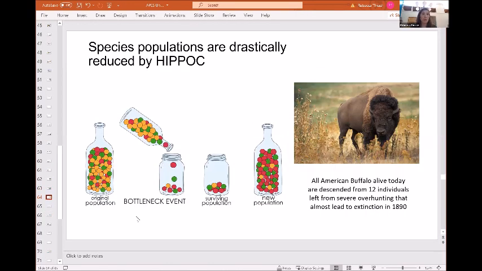Now, why does this drastically affect species biodiversity? Well, number one, there's a genetic problem. So if you have this really robust, large population, and then all of a sudden a human impact comes along like deforestation or overhunting, we reduce the population down to such a small number that we can't help but eliminate some of those alleles.